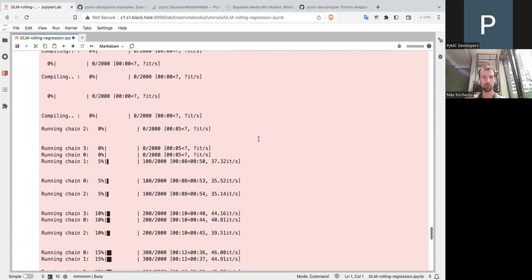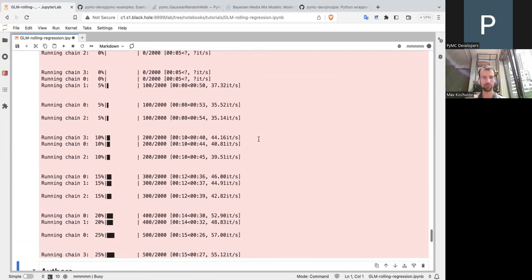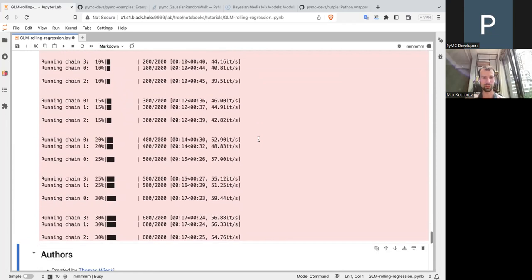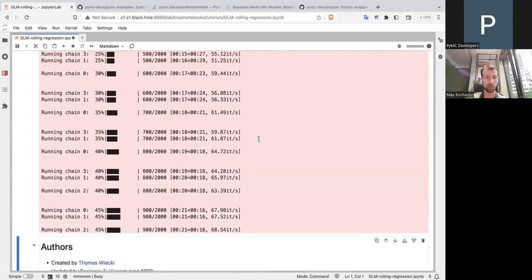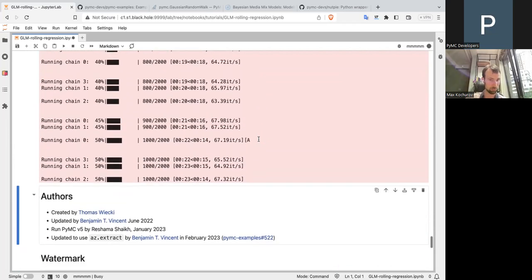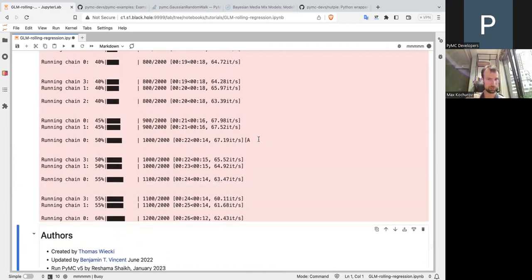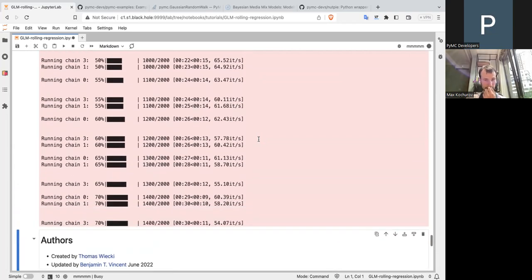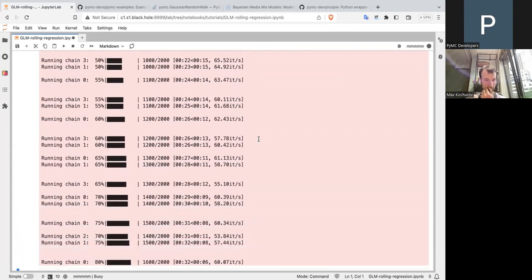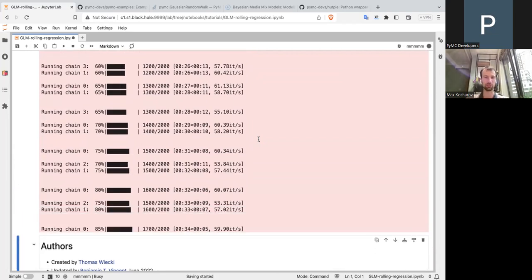This huge progress bar is very fun to track, but it is faster. And it's a nice experience to keep track of it.